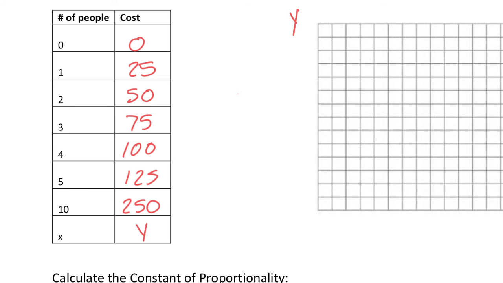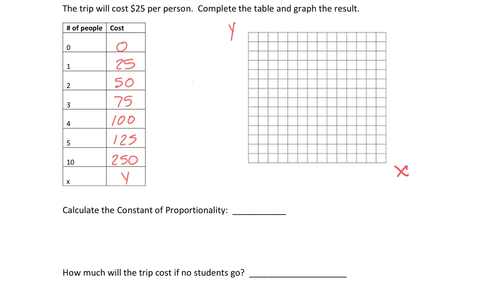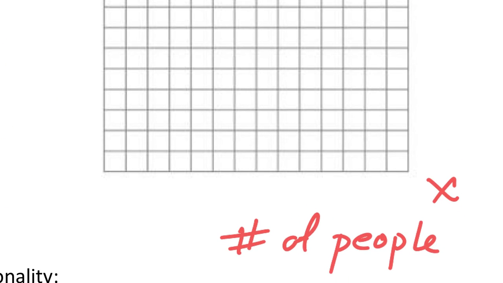So now we gotta create our graph. Yes, you have to label. If you notice, money is always gonna be on that left side. So I'm just gonna put a money sign for cost. And this x value is number of people. I'm going to try to go through it quick. So I'm going to move by ones for the people again because it's talking about students. I'm going to go to 10.